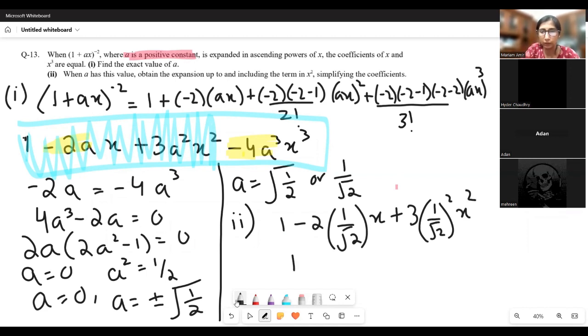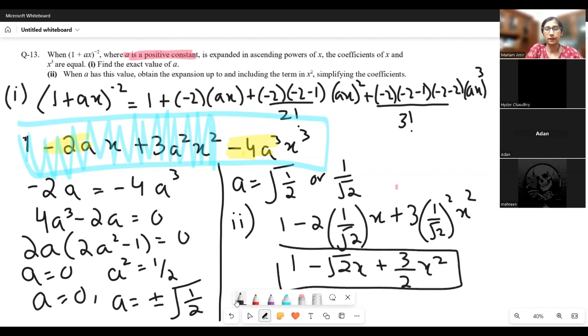So I'm getting 1 minus, if you don't want to do it the longer way, just get the help of the calculator, 2 times 1 over under root 2 is just under root 2 x, and then that's plus 3 upon 2 x squared. This is the expansion up till x squared terms.